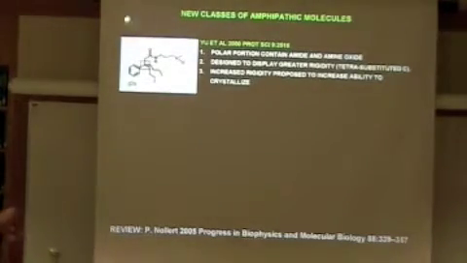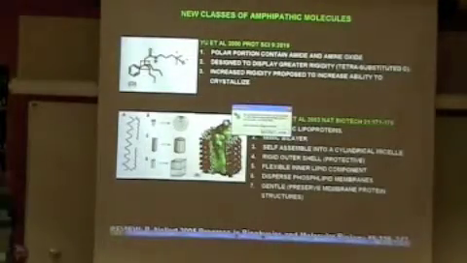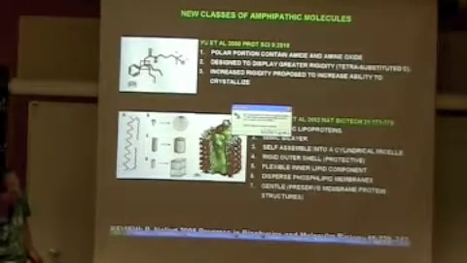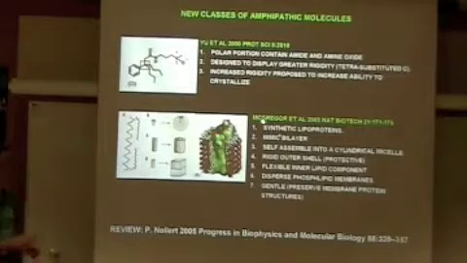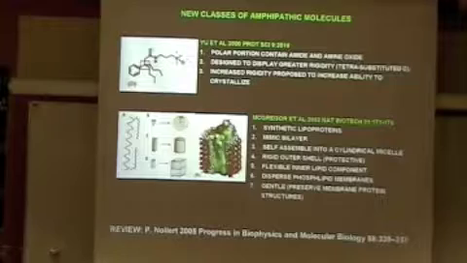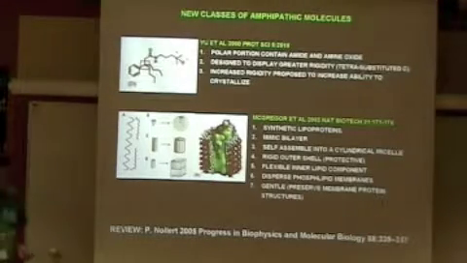So this class of detergents with increased rigidity may have some benefit in terms of future structural studies. And finally, this is one of the more recent attempts to generate a hydrophobic-hydrophilic peptide which will shield the transmembrane domain of the protein.